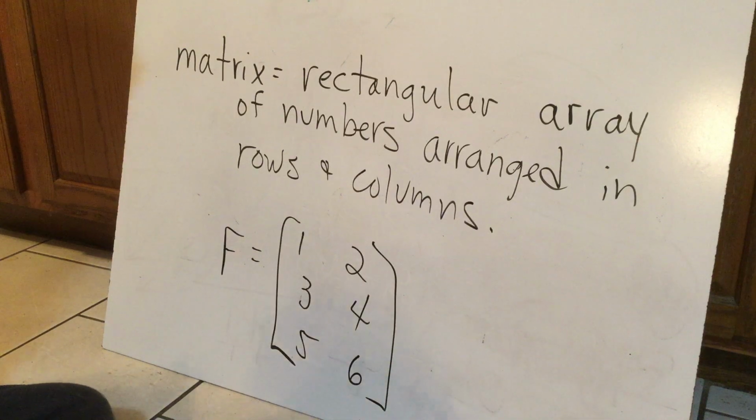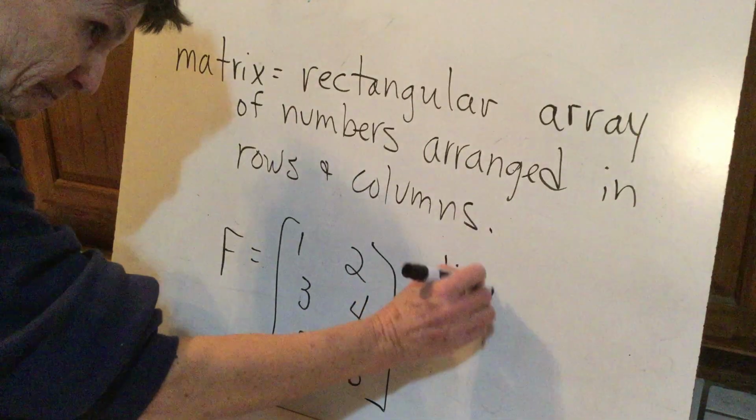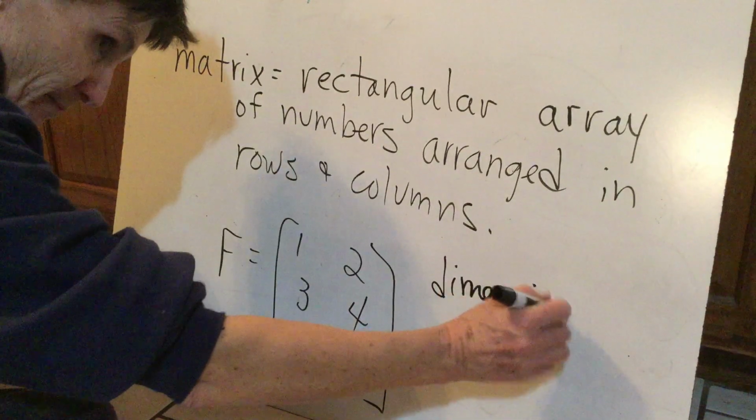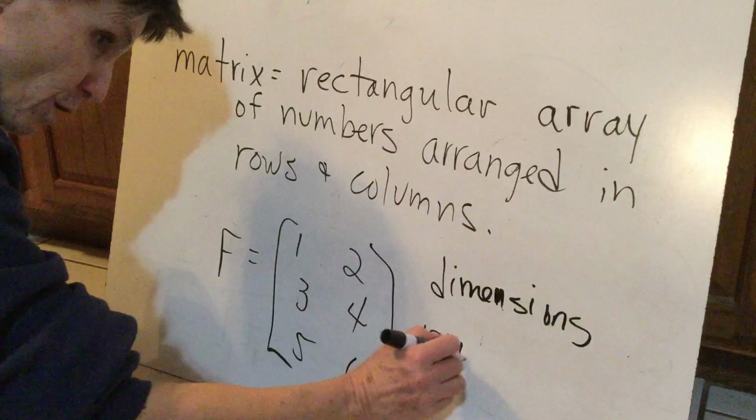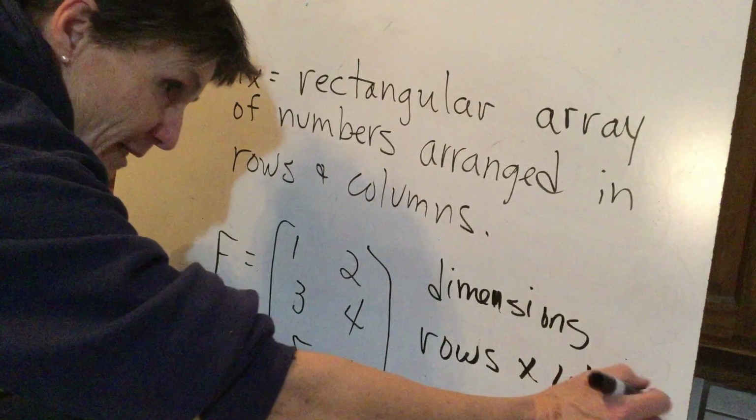So B says, what are the dimensions? Sometimes called the order of the matrix. The dimensions of the matrix are the rows by the columns.